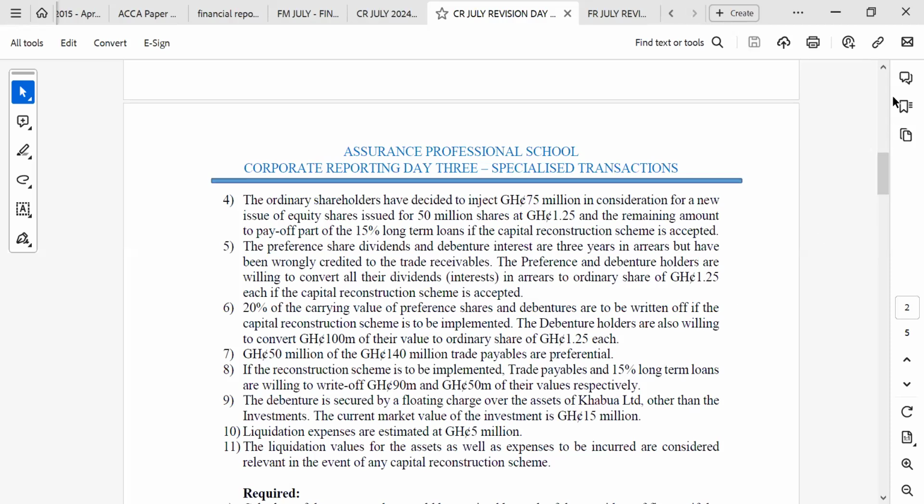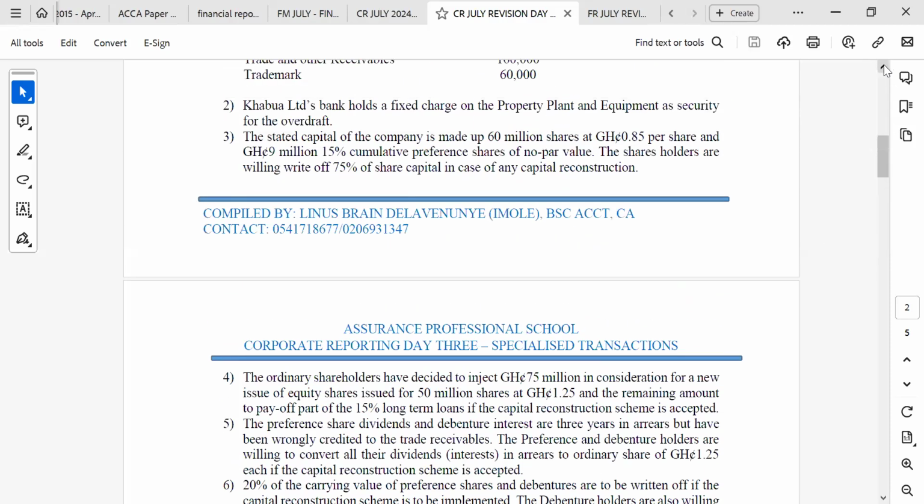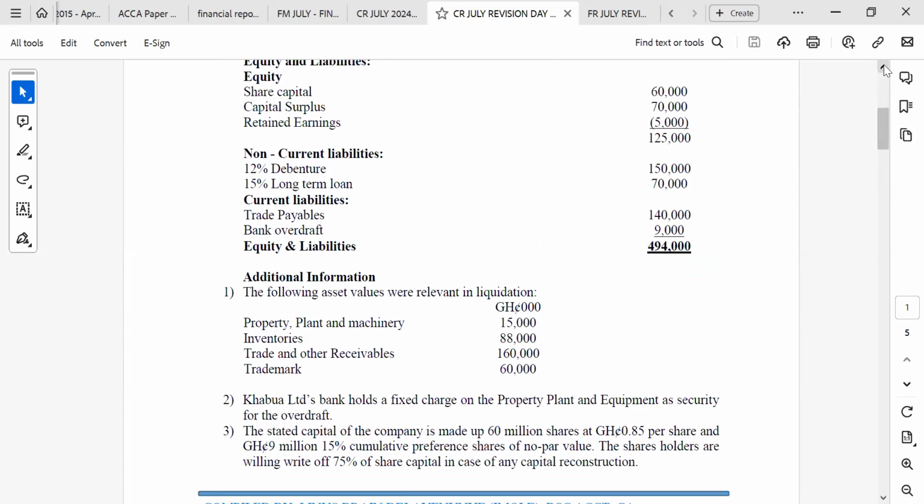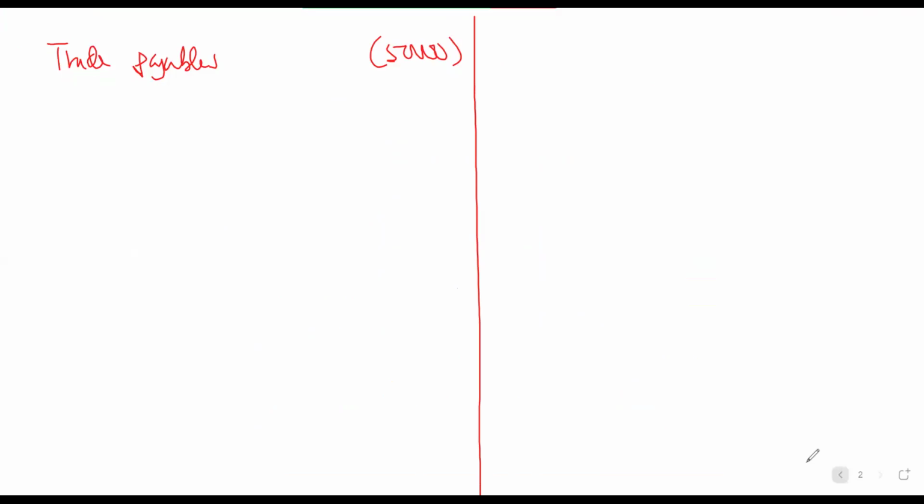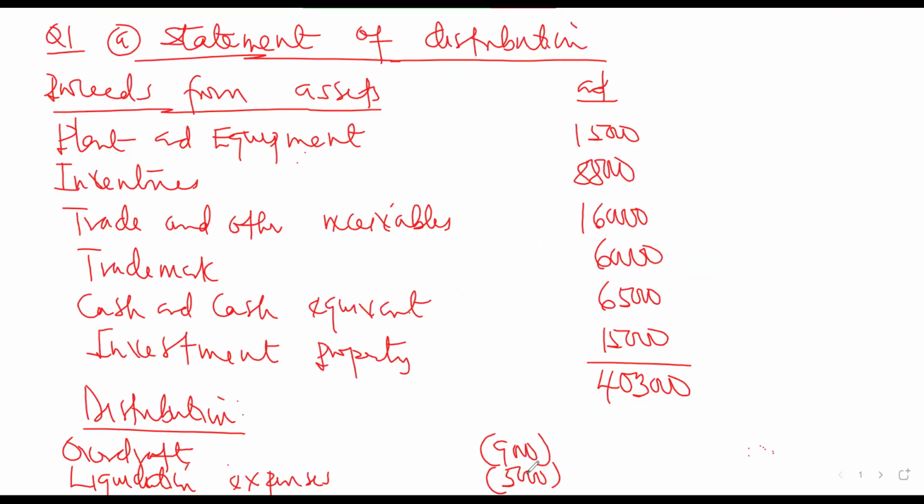The current market value of the investment is 15 million. So let's count to debenture. How much is the debenture? 150,000. Okay. The question is the proceeds that we have after we have settled our bank overdrafts and the 5,000. Can we be able to settle the remaining?